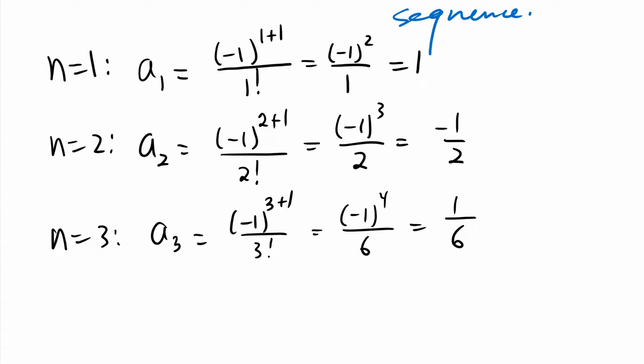So these are the first 3 terms: 1, negative 1 half, and 1 sixth.